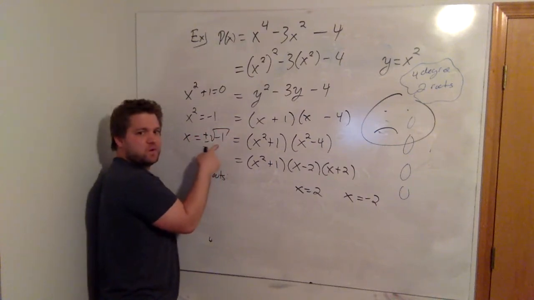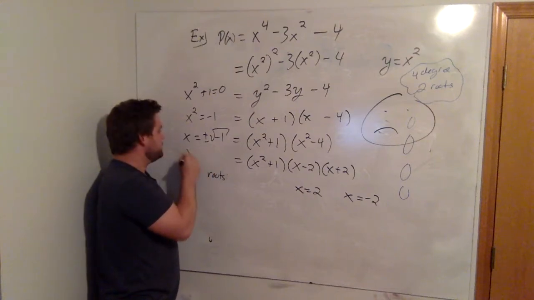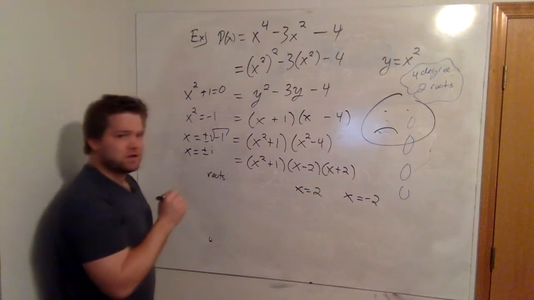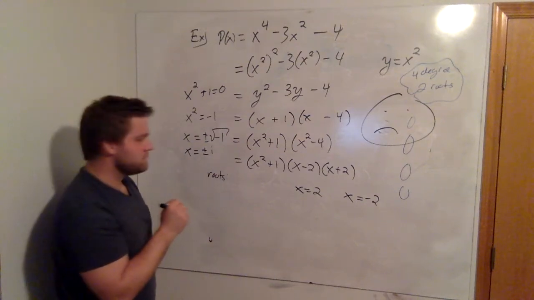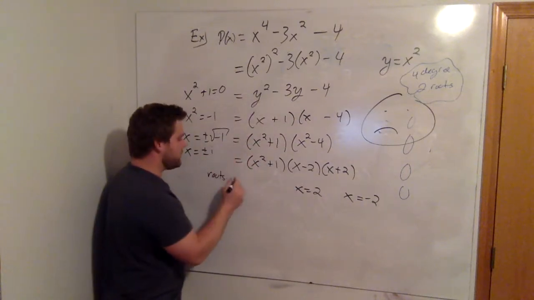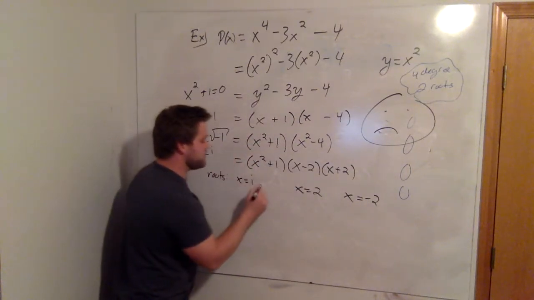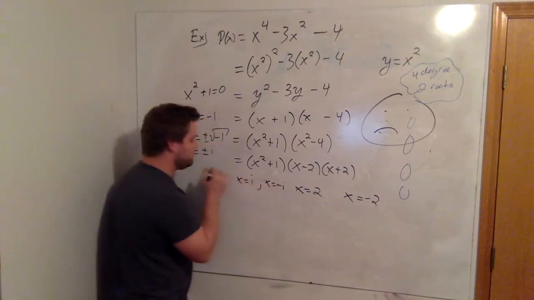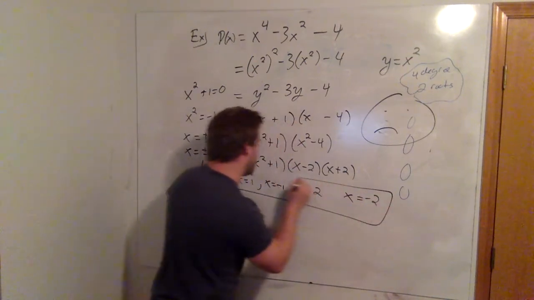We've seen this before. This is i. So x could be plus or minus i. So wait a minute, I do have 4 roots. It looks like I have 2 real roots, but I also have 2 imaginary roots. So I do have 4 roots if I consider complex numbers.